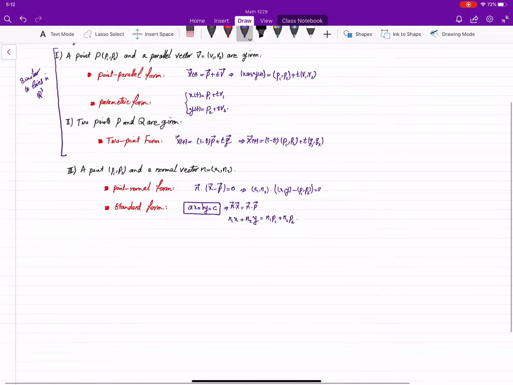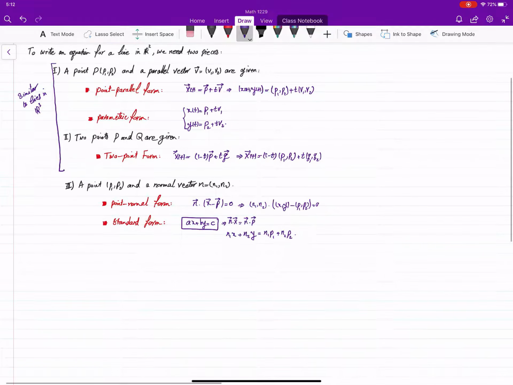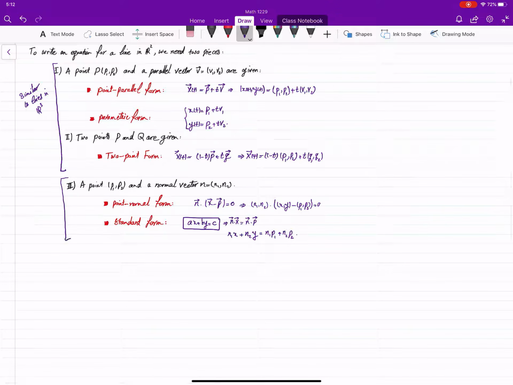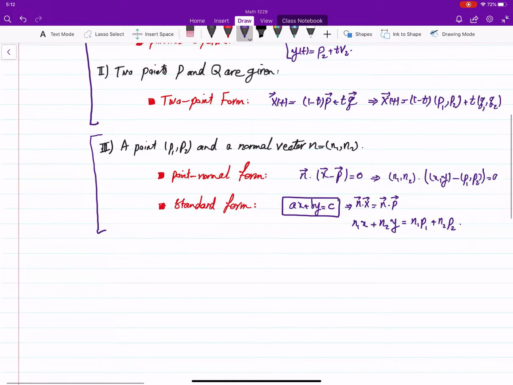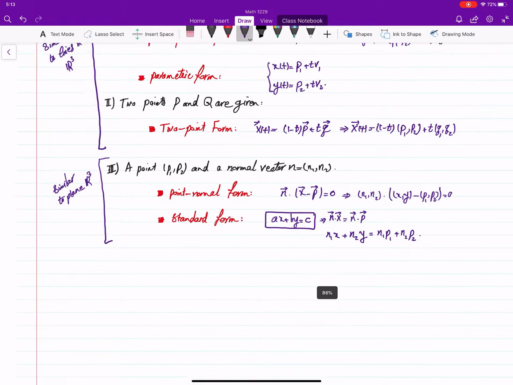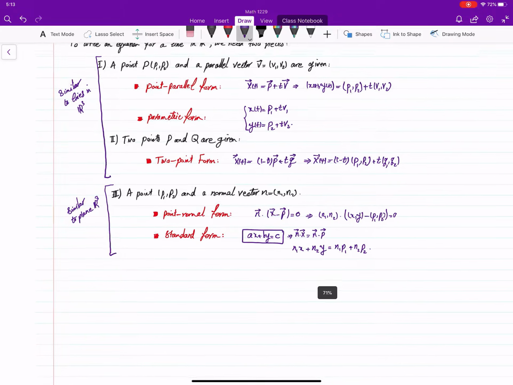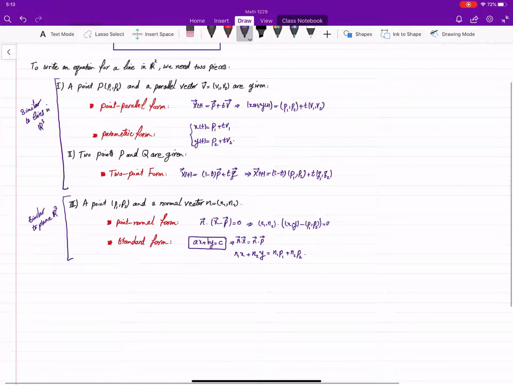As you can see, these last two options were only possible for planes in R3. So lines in R2 are like lines in R3 and planes in R3. It has five possibilities depending on what kind of information we have.